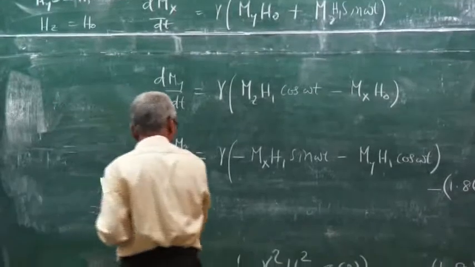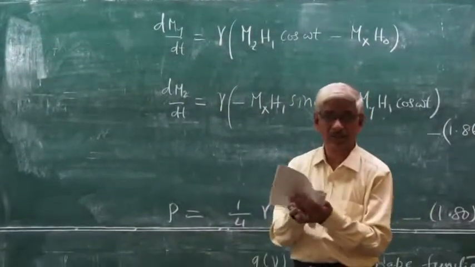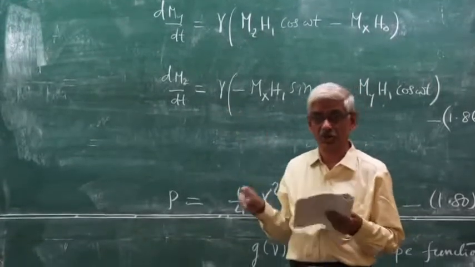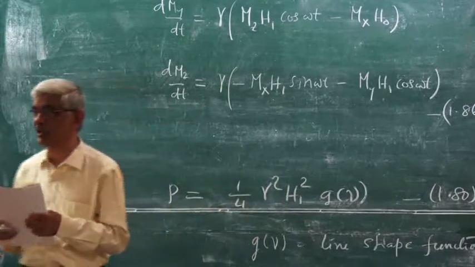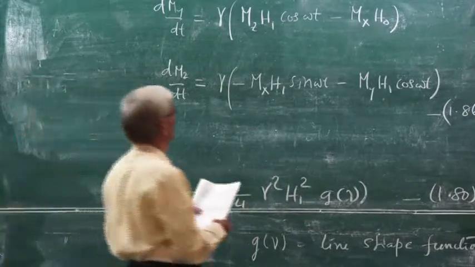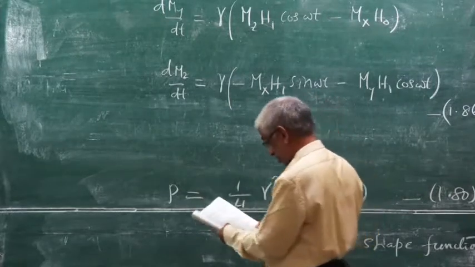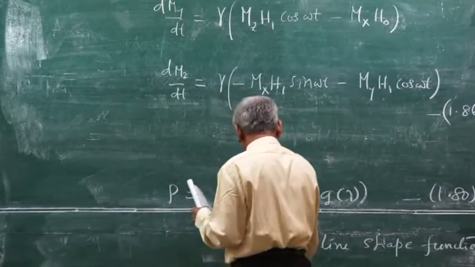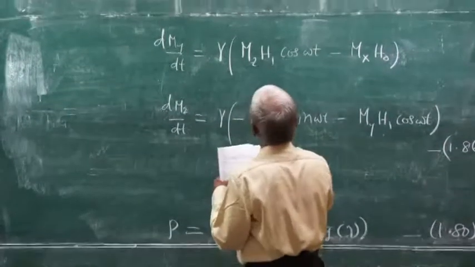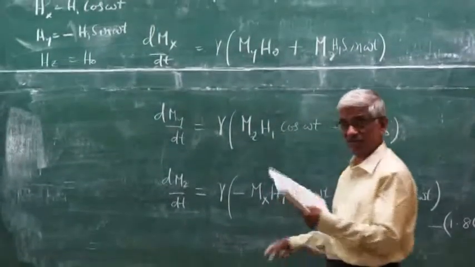Now you notice here, the relaxation is not included in this equation. Therefore you will have to modify these equations to include relaxation. So he did modify these equations to include relaxation. What I will do, I will simply write the modifications here itself.